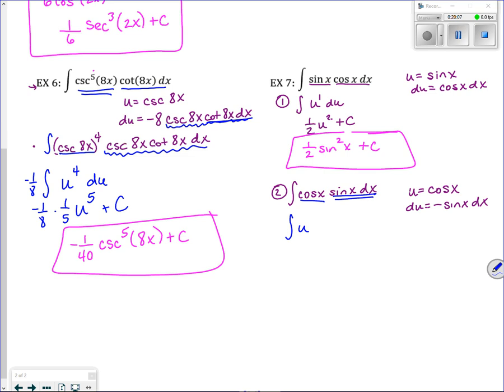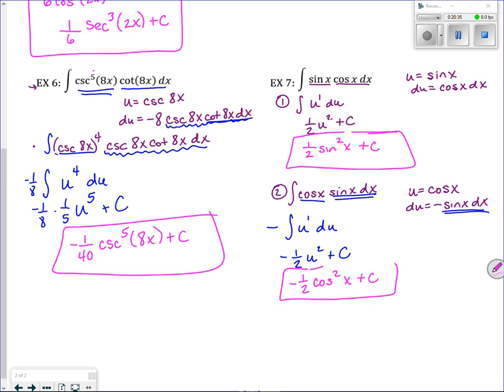The sine of x dx, no problem. I just put du and I slapped a negative out there because I would have to solve. Once again, I'm just integrating u to the first, so I'd get negative 1/2 u squared plus c, and I got an answer of negative 1/2 cosine squared of x plus c.